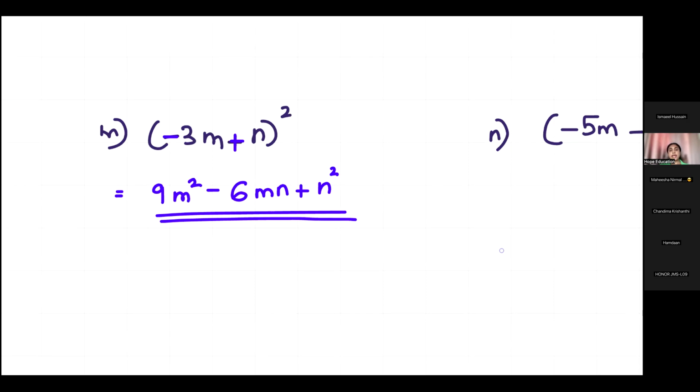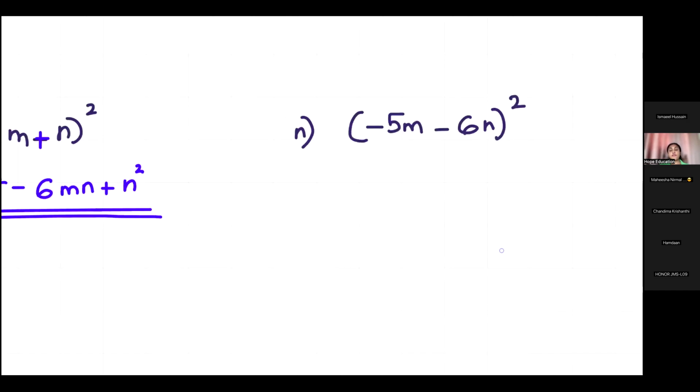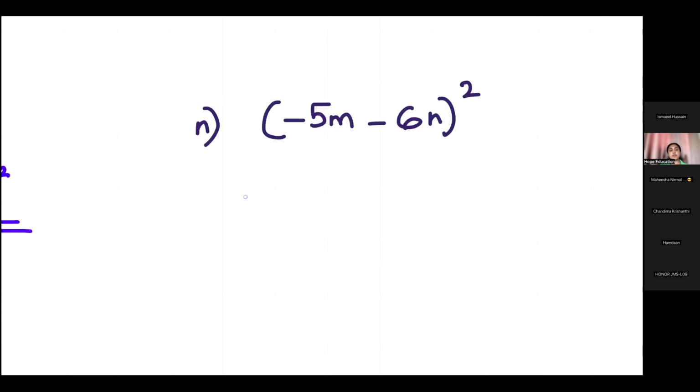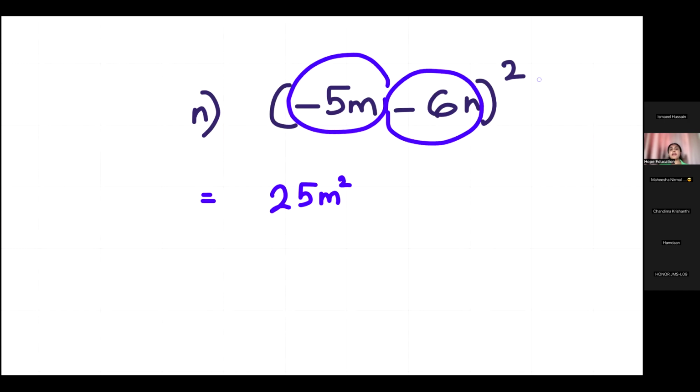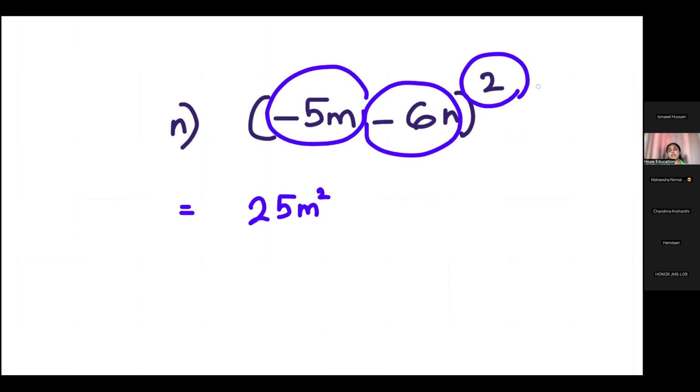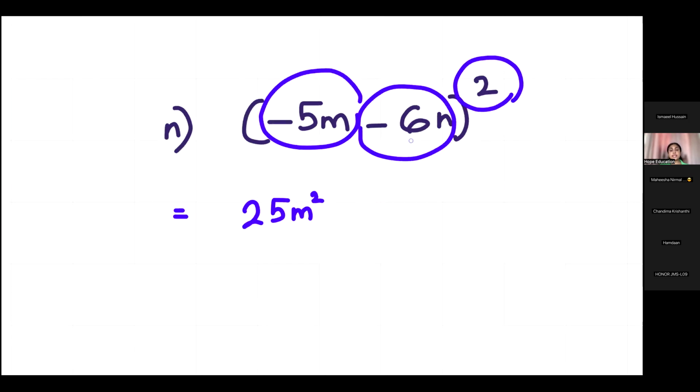Okay. Then this one. First term squared: 5 times 5 is 25, m times m is m squared, minus times minus is plus. Then first term multiplied by second term multiplied by 2. 5 times 6 is 30, 30 times 2 is 60.